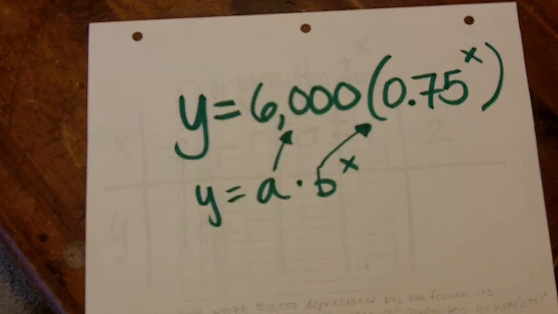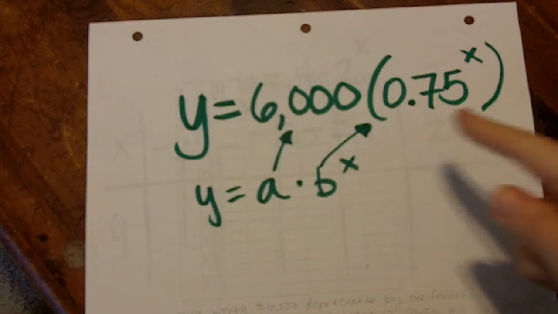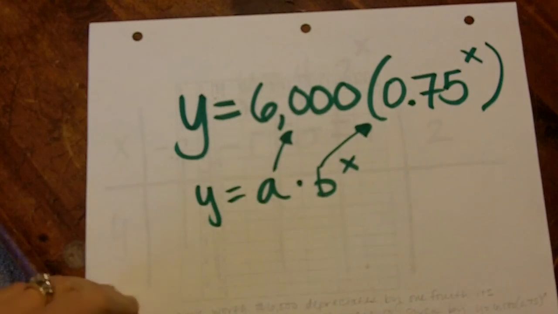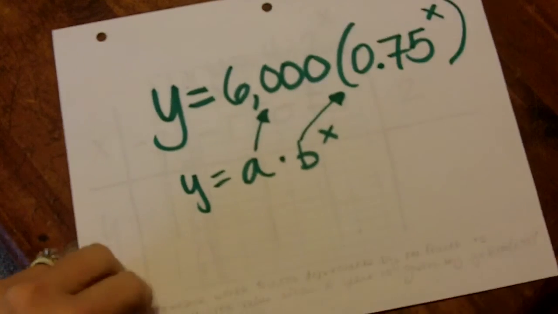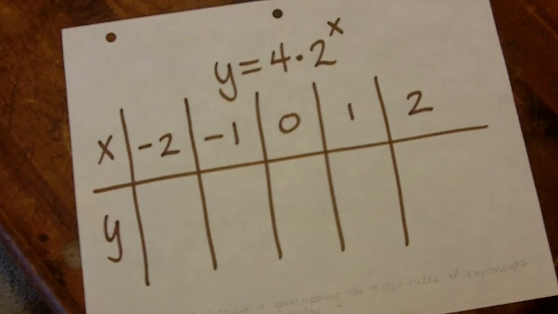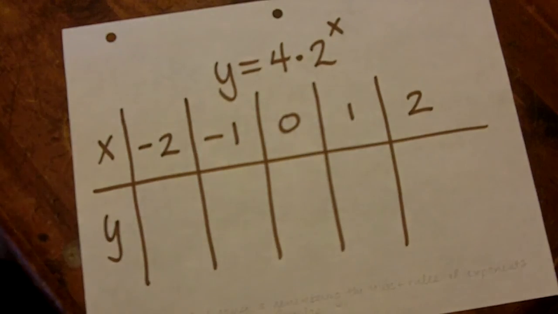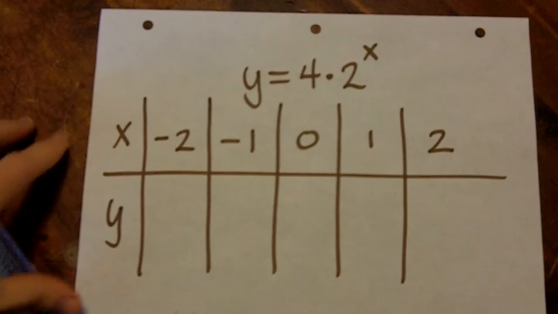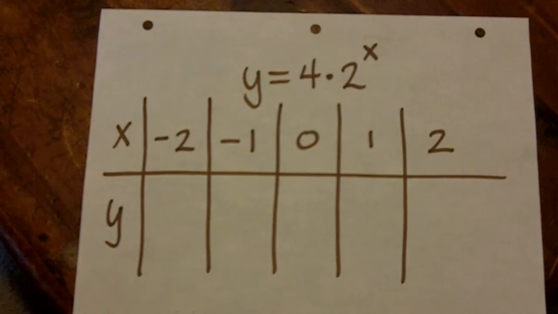The word problem actually reads, if an automobile worth $6,000 depreciates by 1/4 its value each year, its value after x years is given by this formula. So you'll actually be doing some work with it, but I wouldn't want to give away those answers now, would I? Let's say we had a formula where our a is 4 and our b is 2, and we're raising it to the x exponent.